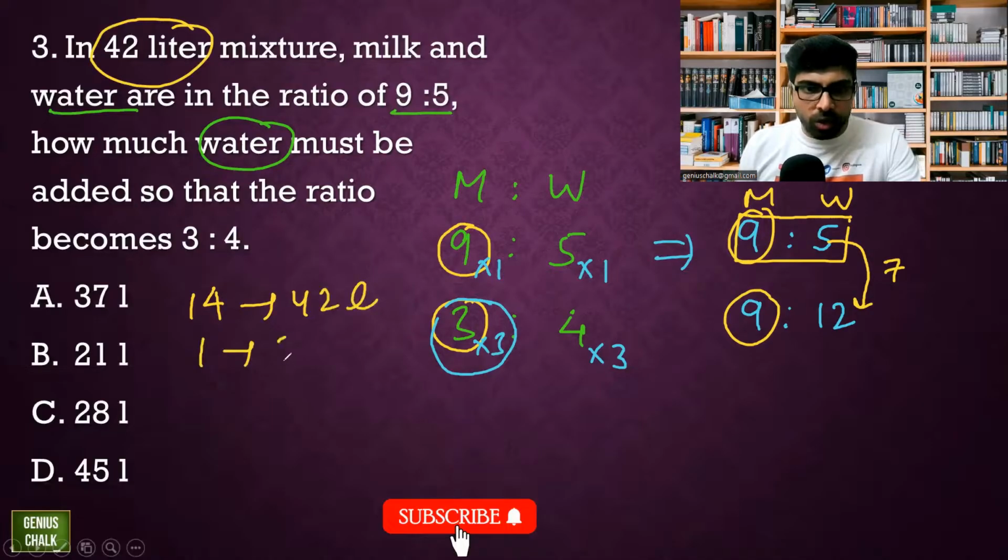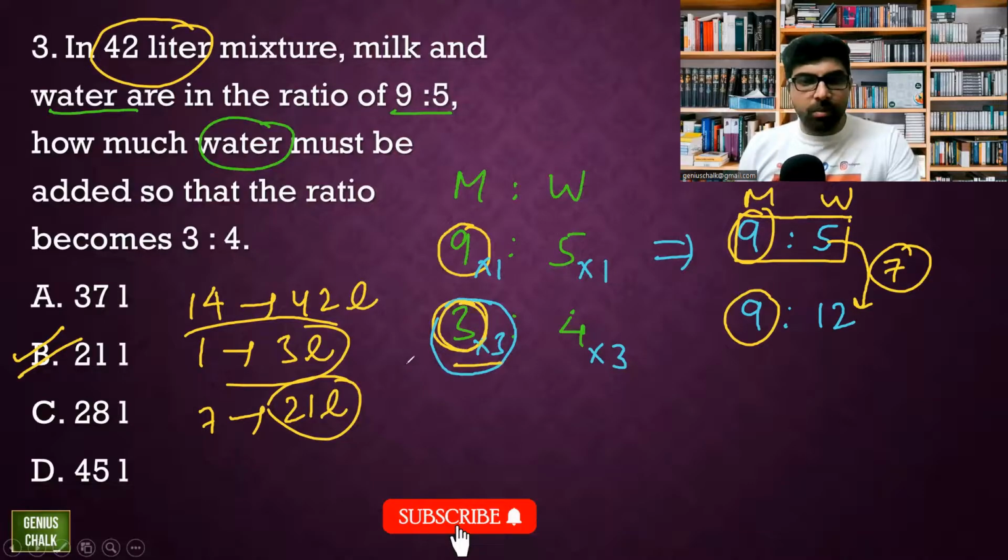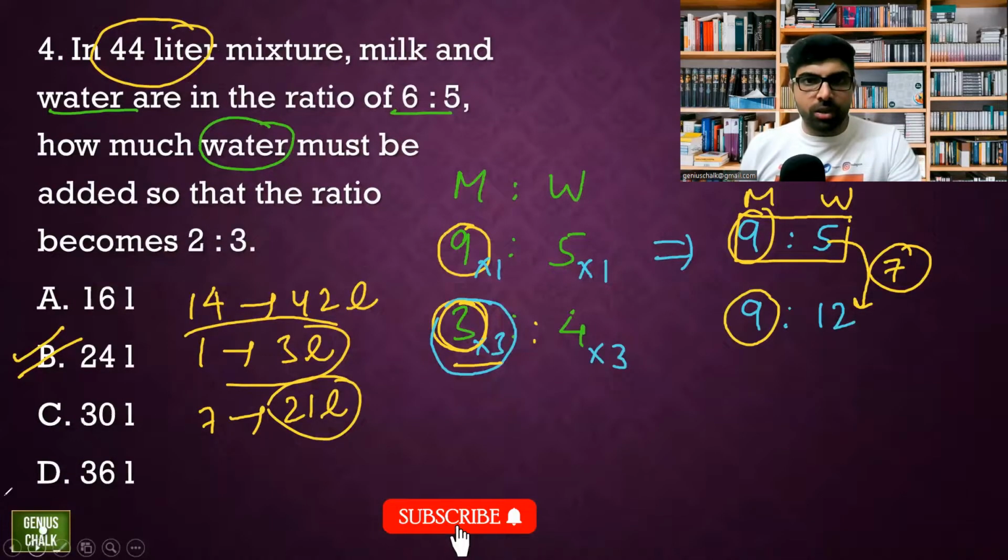So 1 unit is equal to 3 liter, and we are adding 7 units of water. So 7 into 3, that is 21 liters. Your answer is option B. That means if the ratio is not the same, then make it the same and then do as per the last question we have done. The process will be the same.